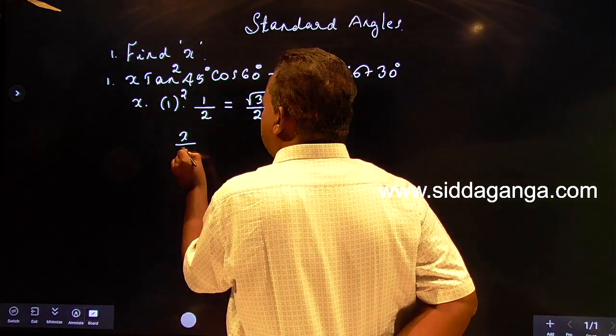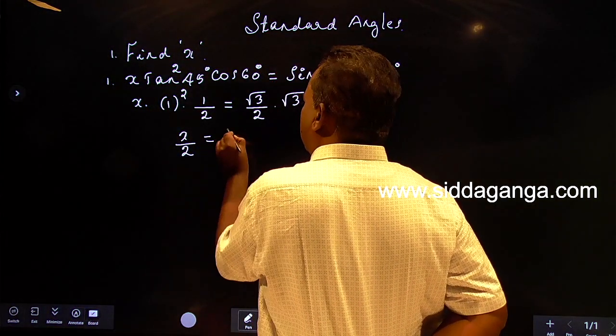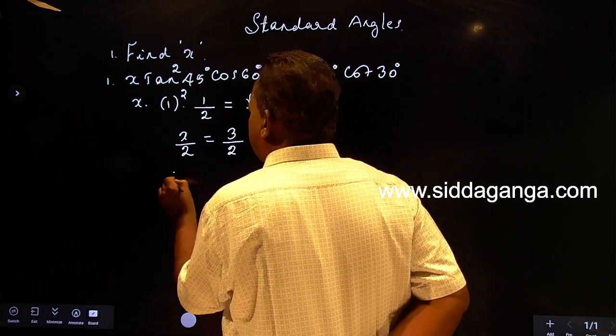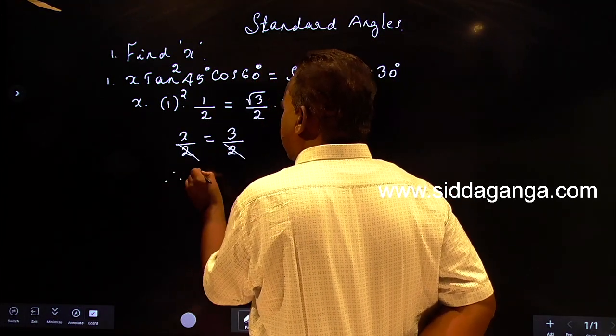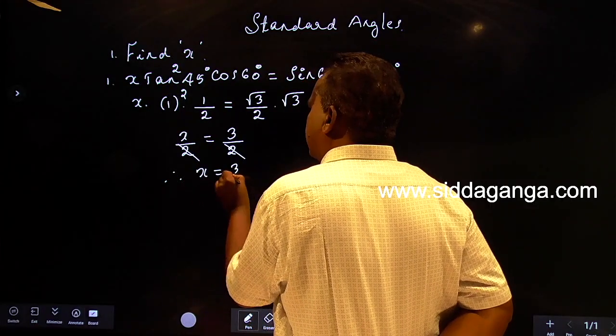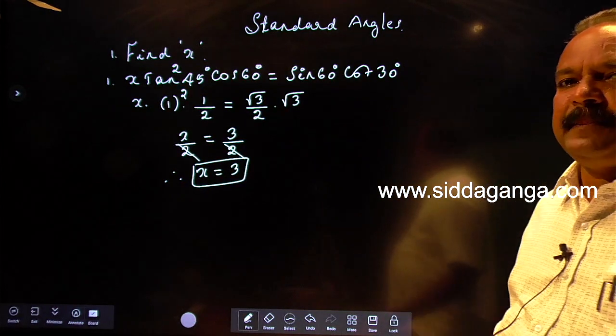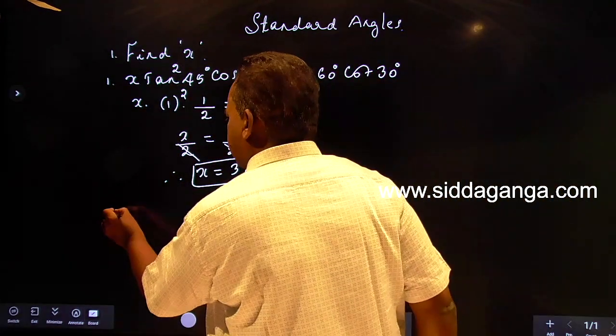This is x by 2. Root 3 into root 3 is 3 by 2. So 2 cancels. X is equal to 3. So this is how you can find the value of x from the given equations.